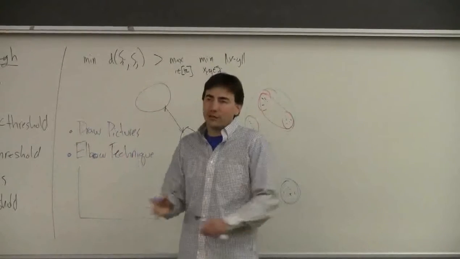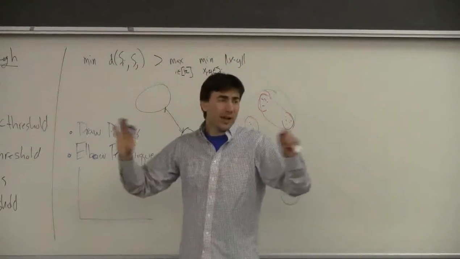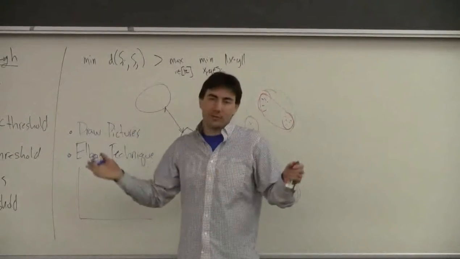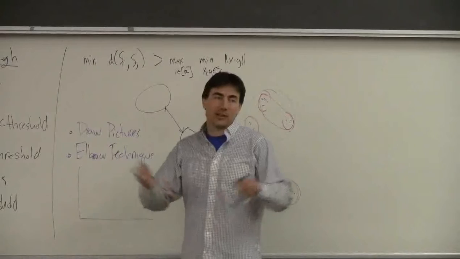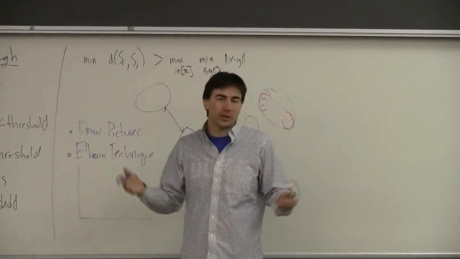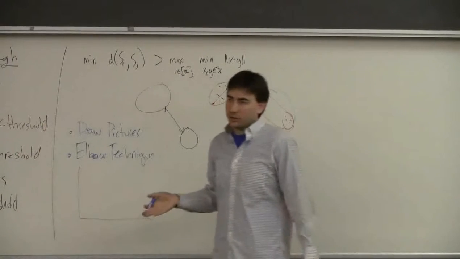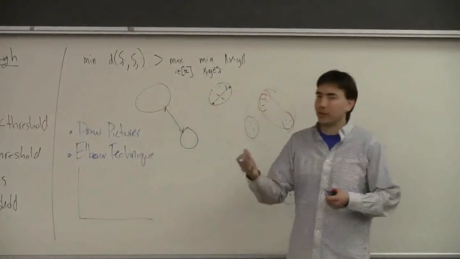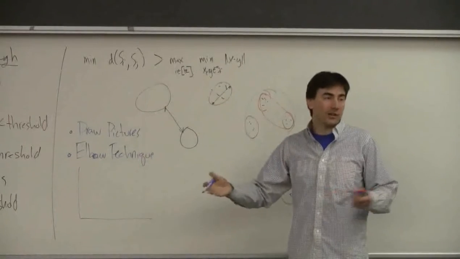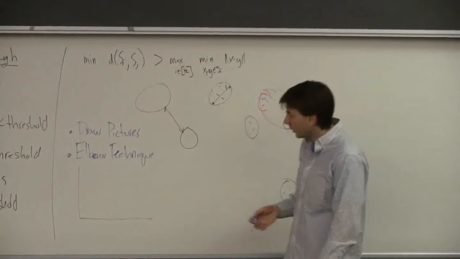Usually if points are in 2D, you can just look at them and you're fine. It's when you care about much higher dimensional points, or when you're dealing with sets or other sorts of objects, that you can define a distance between them but you don't know how to represent them as points, or you don't want to lose the approximation error it takes to do that, say with one of these min-hashing techniques.